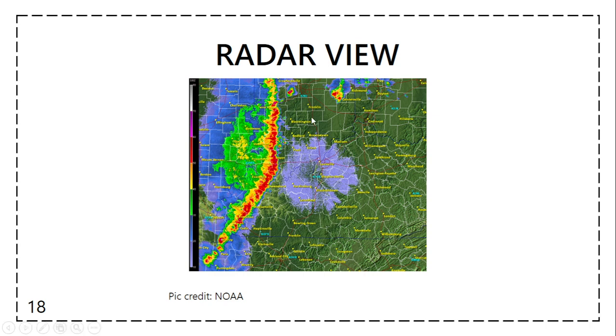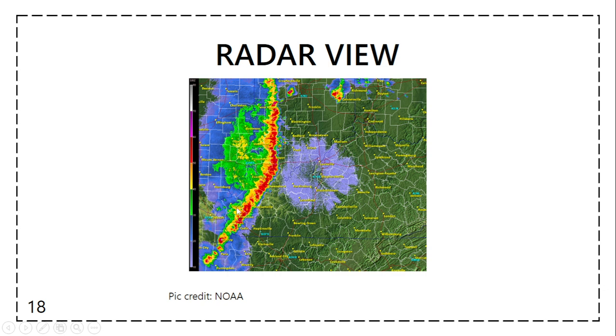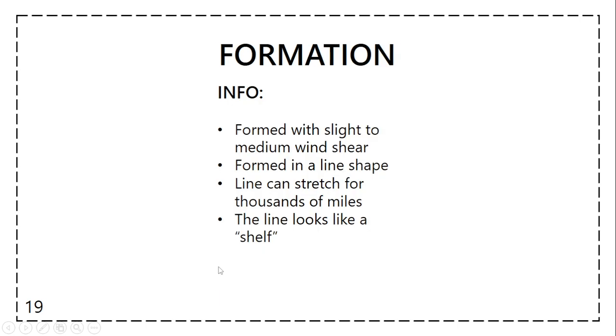So that is typically what a shelf cloud is like. The formation is formed with slight to medium wind shear, in a line shape. It can stretch for thousands of miles, like this one right here. Look at this, one from all the way on top of the map towards the bottom. Really stretched out, could stretch even hundreds to thousands of miles.